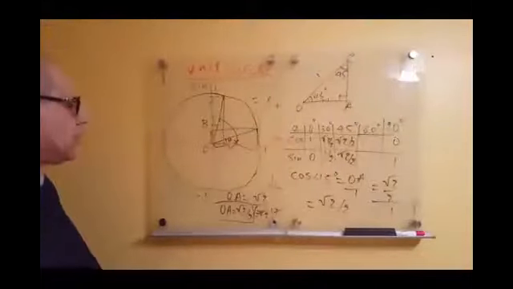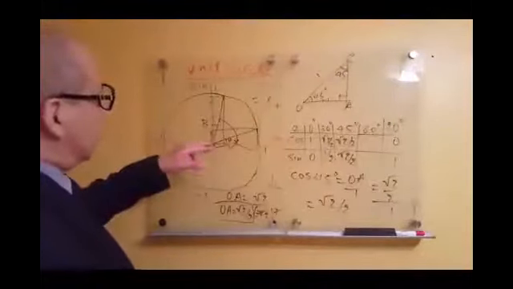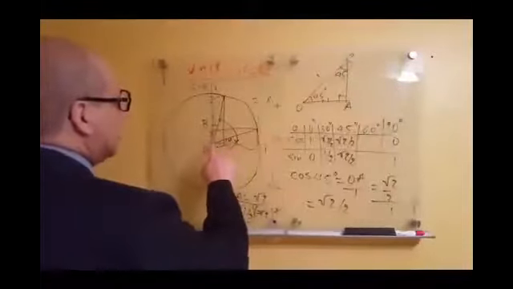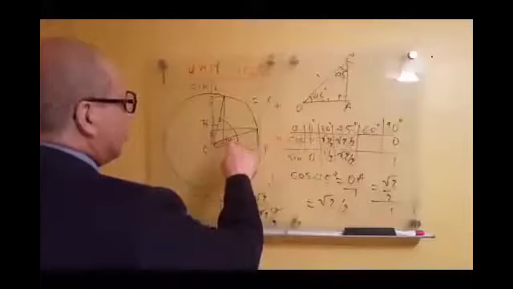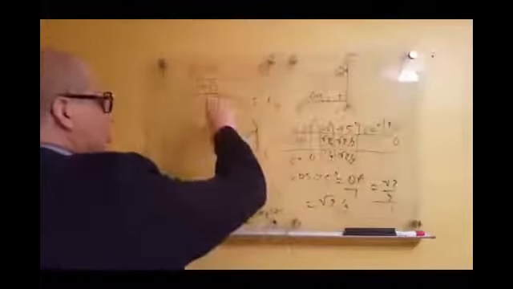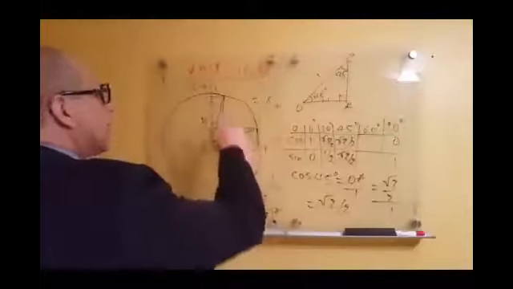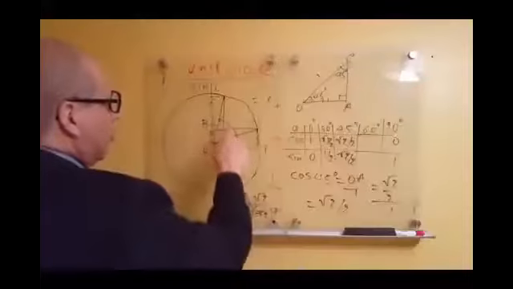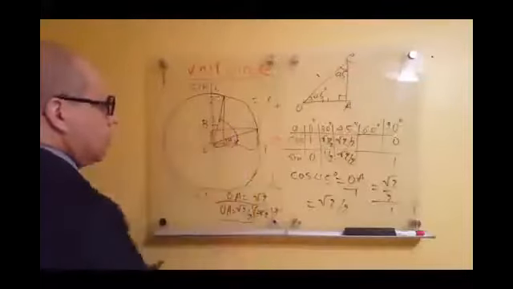I mean, if you see what happens, this here, which is the cos of the angle A, is almost the same length as this here, which is the sine of this angle here.